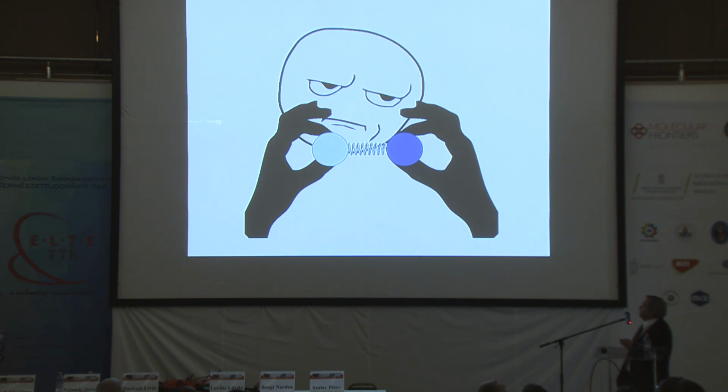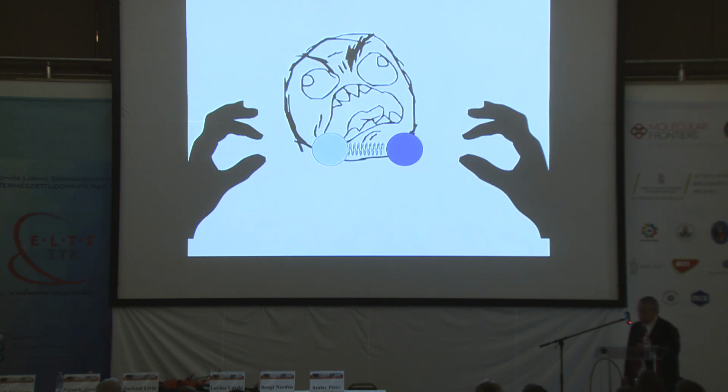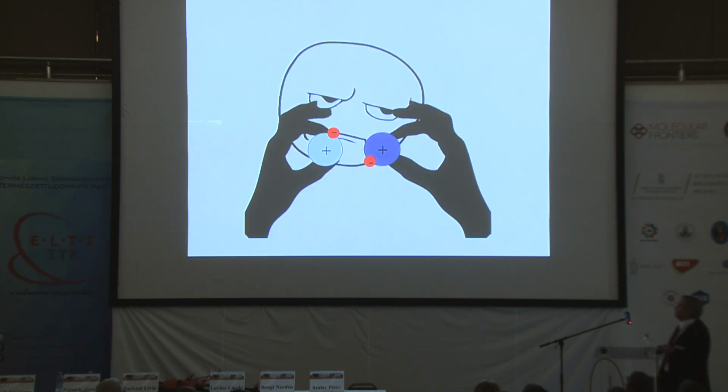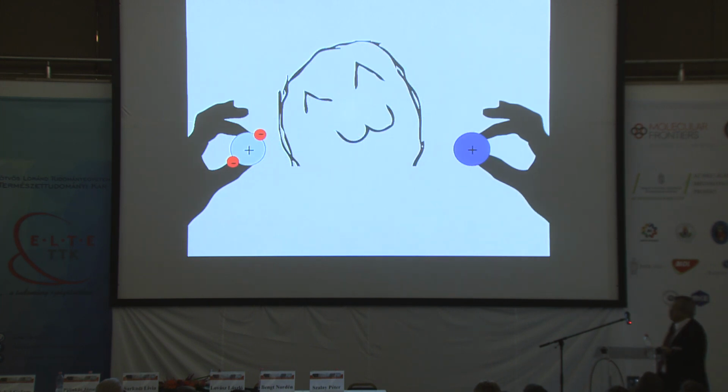So you could describe it this way: a bond works very nicely, but when you want to describe chemistry, breaking a bond, you cannot do it as ball and spring.